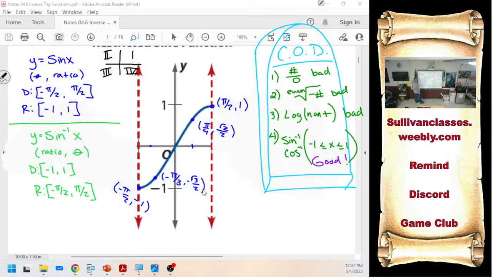North, east, south, or west? Straight south. All the way up to pi over 2. Quadrants 1 and 4. Okay? But we have to be careful that if we're in quadrant 4, we can't say 7 pi over 4. We say negative pi over 4.